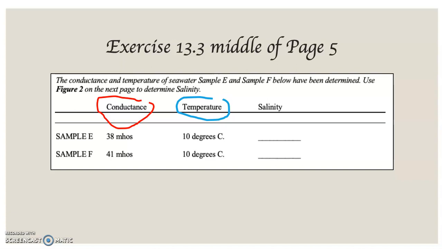This time we're going to do that with sample E and sample F, although of course you are going to be doing sample E and sample F. I'm going to be doing the practice sample 3, but we're going to use conductance, which you can see for sample E is 38 mhos and sample F is 41 mhos, and temperature in Celsius, which in both cases is 10 degrees Celsius. Okay, we're going to use a graph, and then that will give us salinity, plotting both of those things, the conductance and the temperature, on the graph.